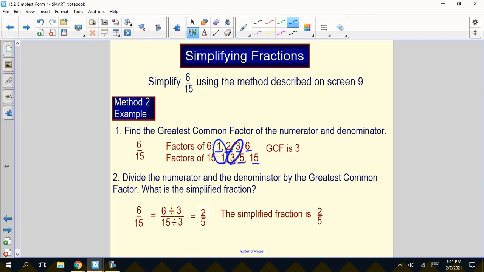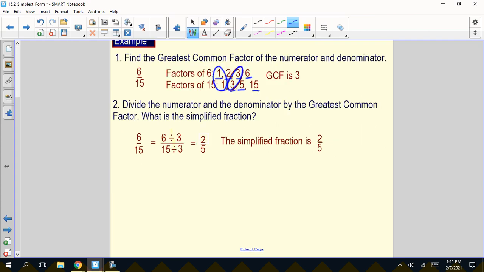So we're going to divide the numerator and the denominator by 3. So we take 6 and divide it by 3, and we get 2. We take 15 and divide it by 3, and we get 5.